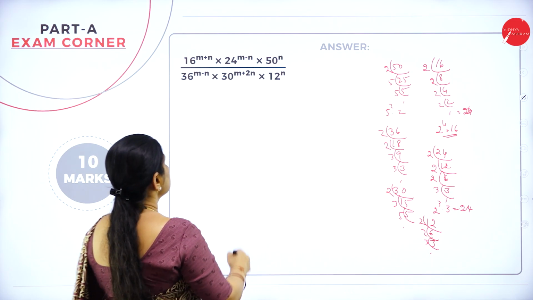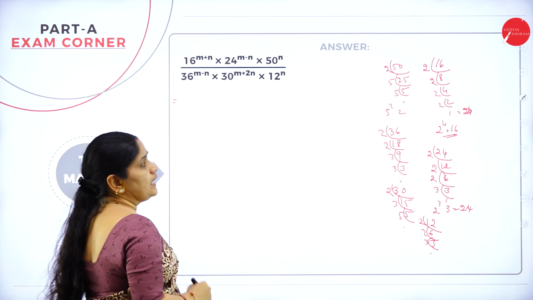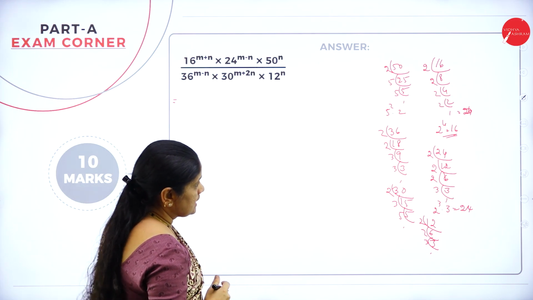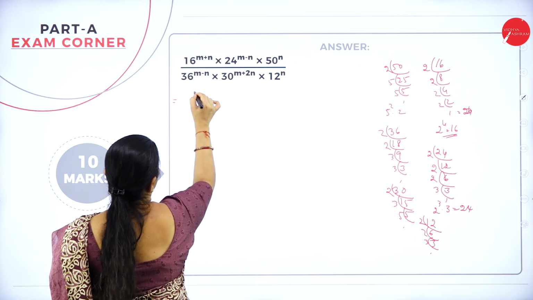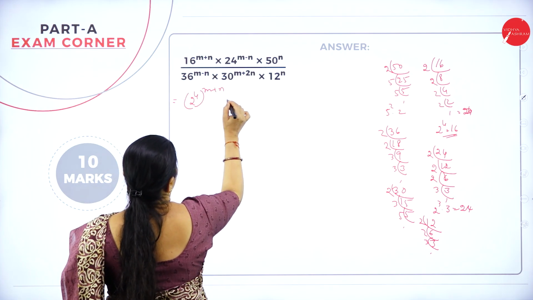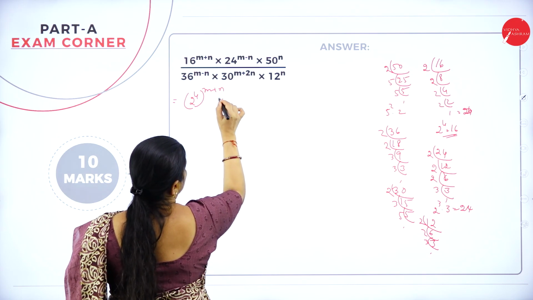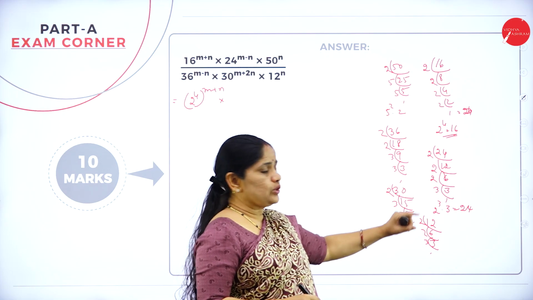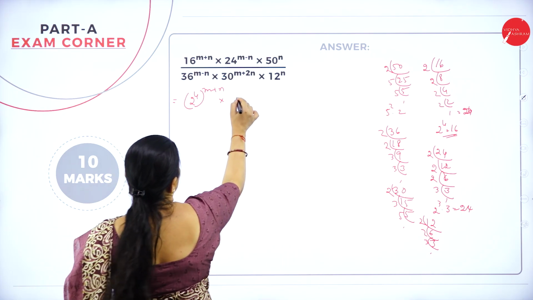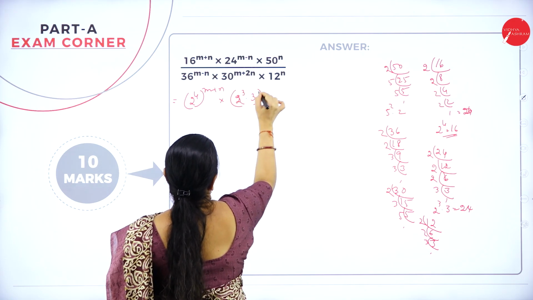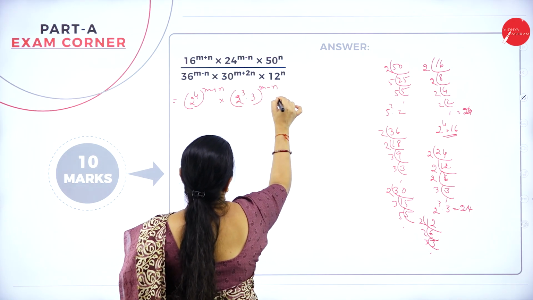So I'll write this expression again in the form of the lowest base. So instead of 16, I write it as 2 to the power of 4 whole to the power of m plus n into 24. So 24 can be written as 2 cubed into 3, so this will be equal to 2 to the power of 3 into 3 whole to the power of m minus n.